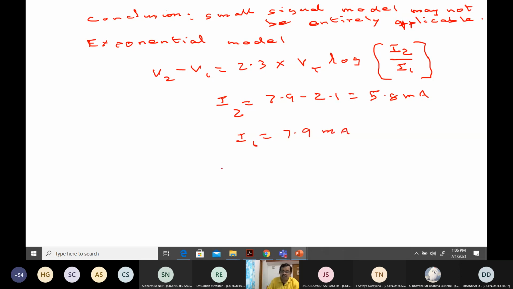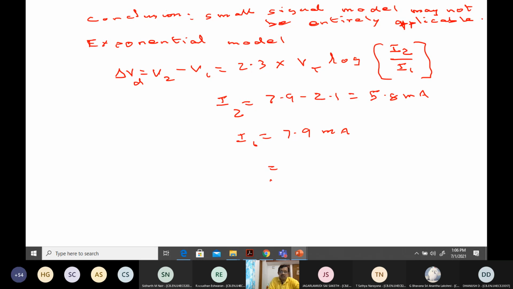So you substitute in this equation, this is nothing but your delta Vd, and you will get how much? Let us check this number.